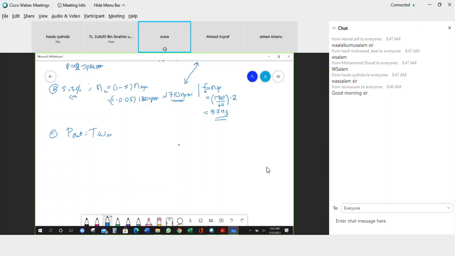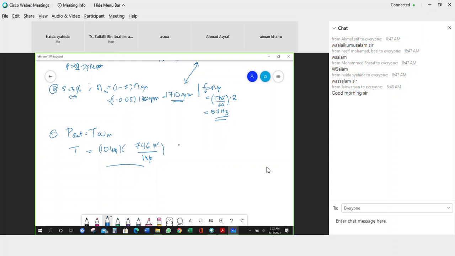So the torque of the load equals your P output, which is 10 HP, at the rated frequency. So 10 HP times 1 HP is equal to 746 watt. Right, so 746 watt for 1 HP, divided by the omega m.